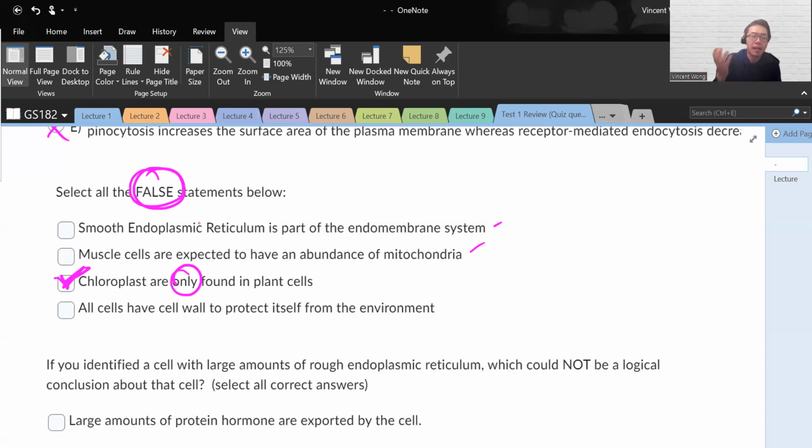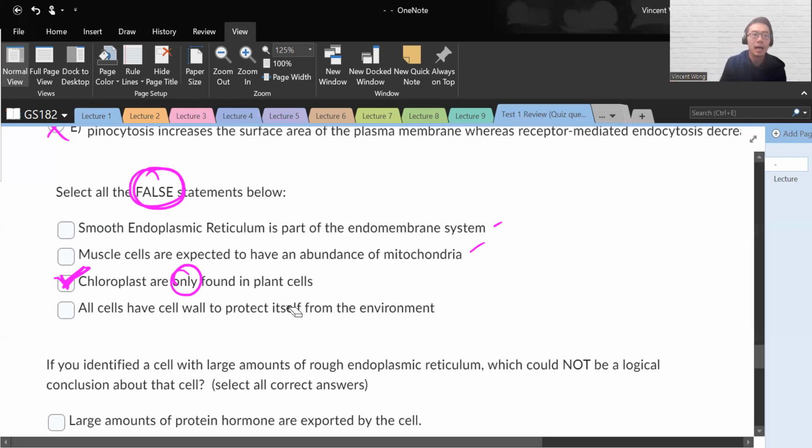But you will also find chloroplasts in other organisms that live in ponds. We call them protists, things like the paramecium and the amoeba. There are other ones that live in ponds, and they might have chloroplasts in them as well. So they're not just found in plant cells. So that's the false one.